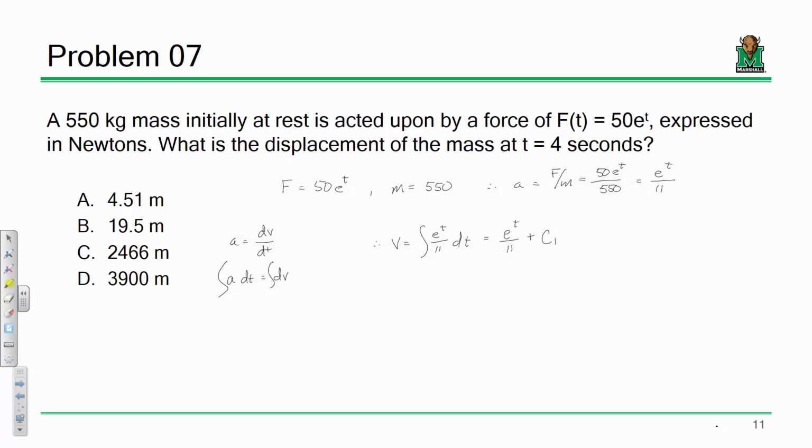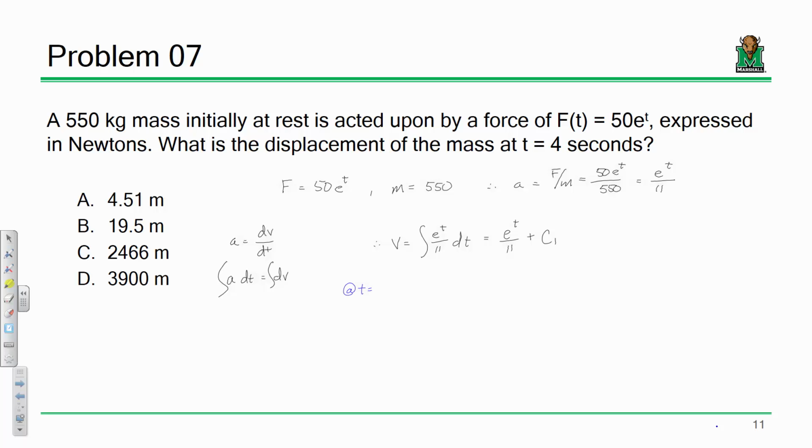Boundary conditions. This particle started at rest. So what is a boundary condition that will help me solve for C1? V equals 0 at t equals 0. There we go.